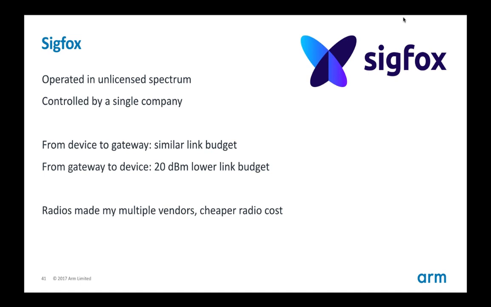A downside that Sigfox has is that if you want to send data from the gateway back to the device, it was never really meant to do that. And Sigfox modulation is a bit harder to demodulate than LoRa's modulation. So from the gateway to the device, they cannot use the Sigfox modulation, and it gives you a lower link budget. So it's a lot easier to send the data from the device to the network than the other way around.